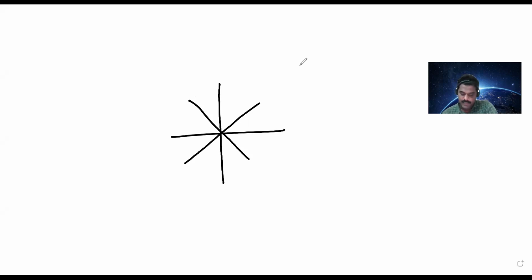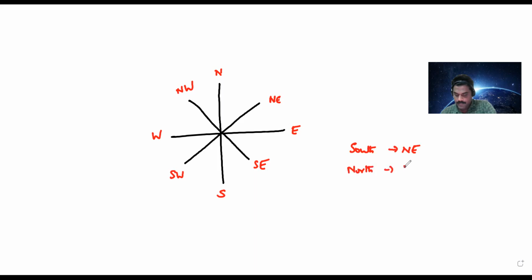For example, let us say this is north, south, east, west, northeast, northwest, southwest, and southeast. If they say that south has become northeast and north has become southwest, then what would southwest become?